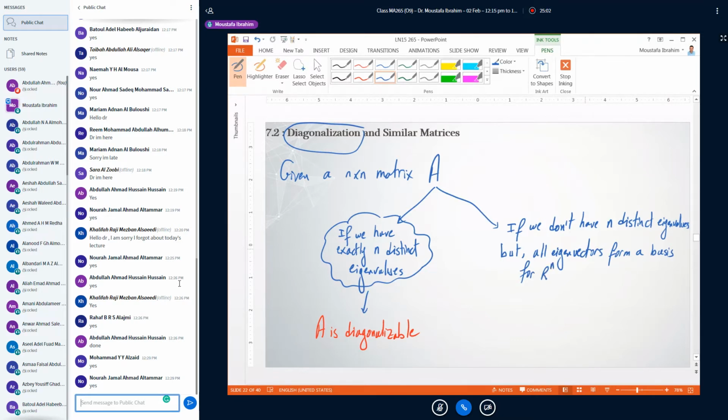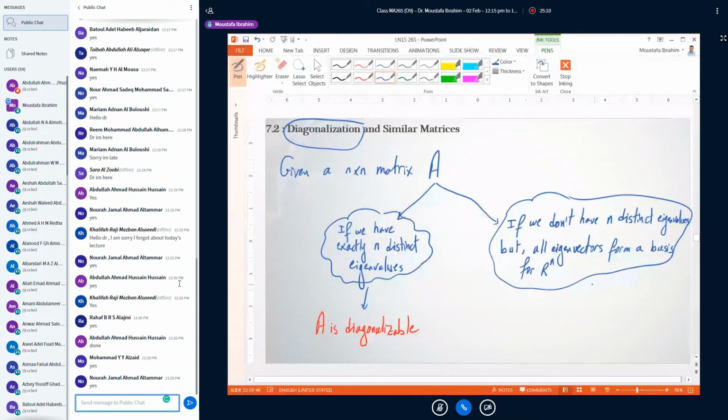So we have vector 1, vector 2, vector n, all forming a basis. In this case, we also get that A is diagonalizable.